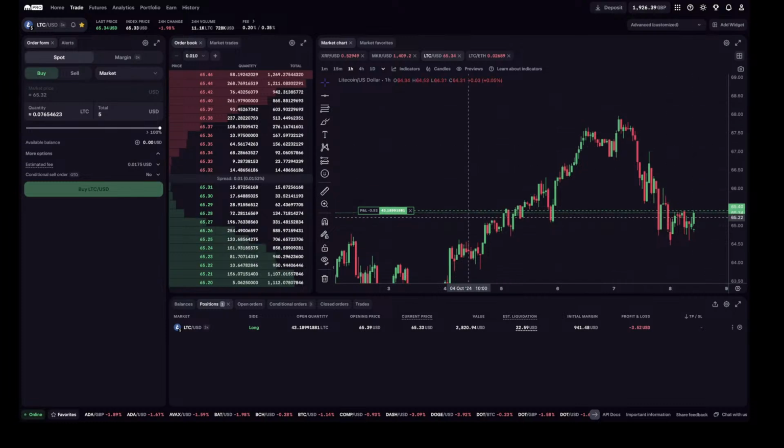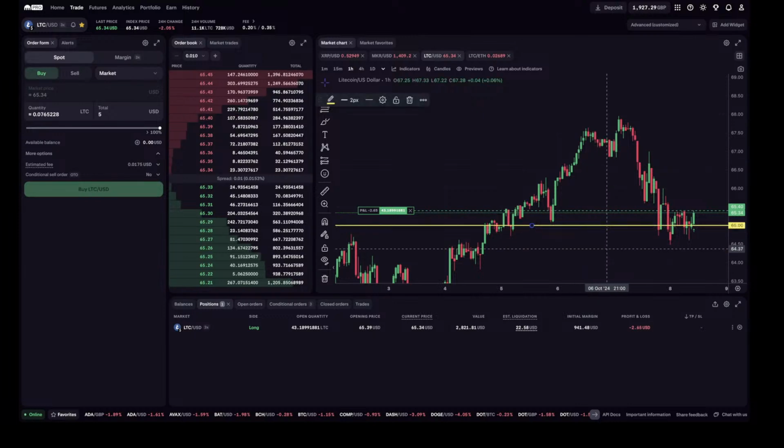I'm going to trade this up. Now my stop loss, that I haven't put in yet, will be at $65. So 65 will be my stop loss. And my take profit, let's have a look.